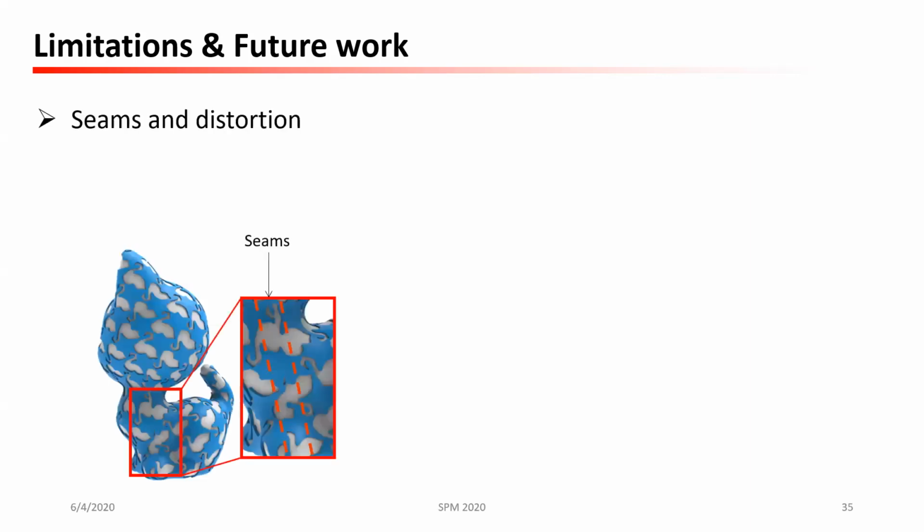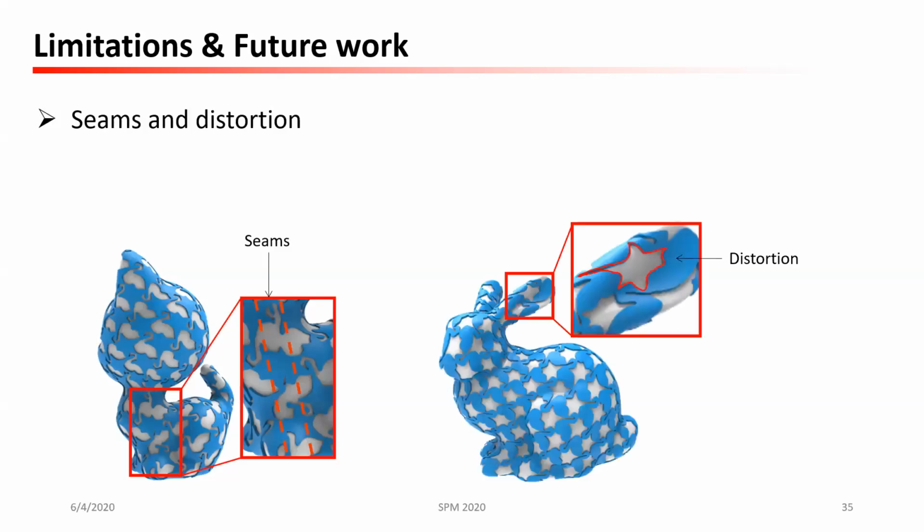Similarly, great distortion occurs in some sharp areas of high curvature, because the tessellation texture is stretched in parameterization. Second, the above rules are limited because we just select those that generate good tiles. In the future, we will explore more interesting potential rules.